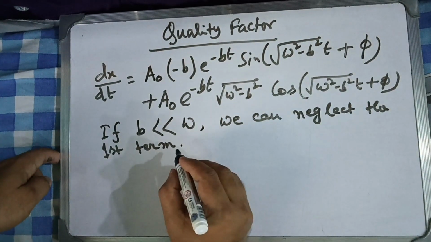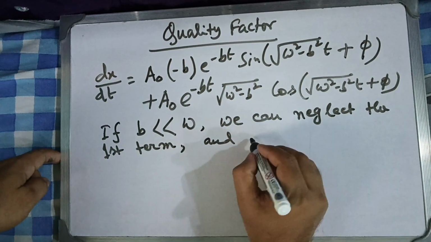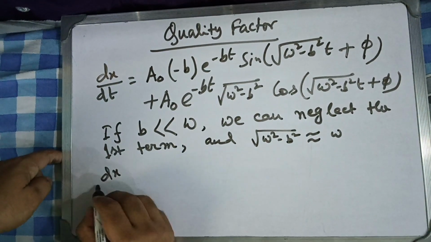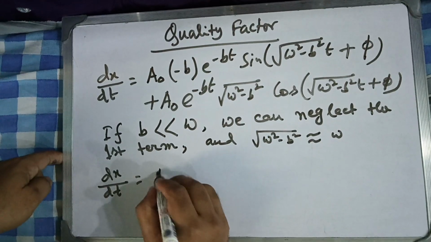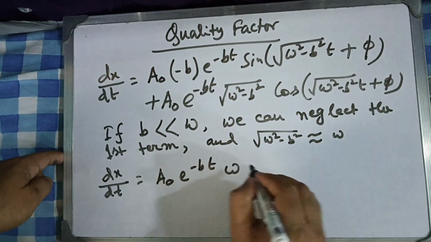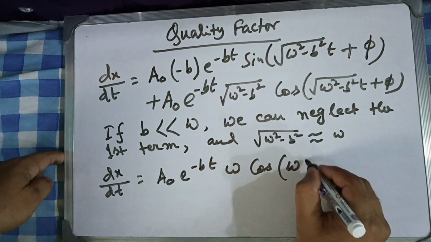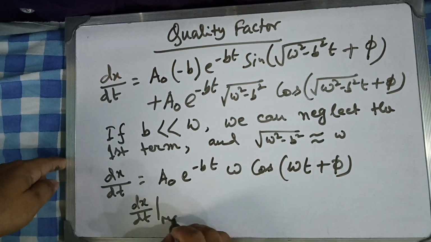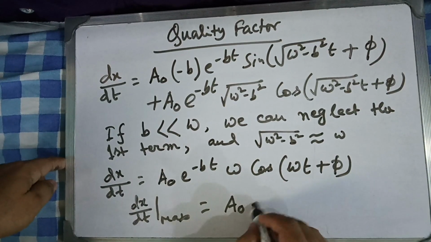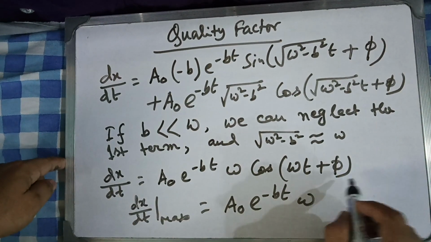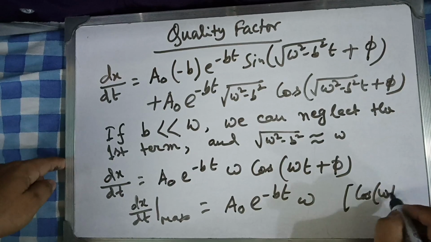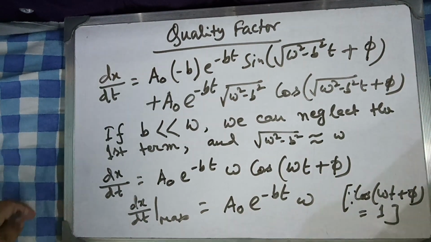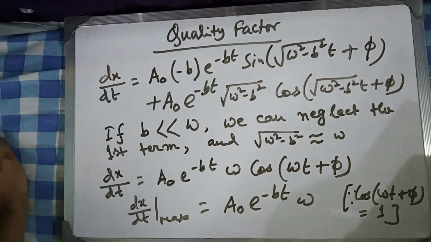So the form remains like dx dt equal to a0 e to the power minus bt, and that root over omega square minus b square we can also approximate to omega, and it becomes a0 e to the power minus bt omega cos omega t plus phi. Now for the maximum value of dx dt, we know that the maximum value of cos theta is 1, so we can consider that here, and we can get this maximum value of dx dt, so that we will use now.